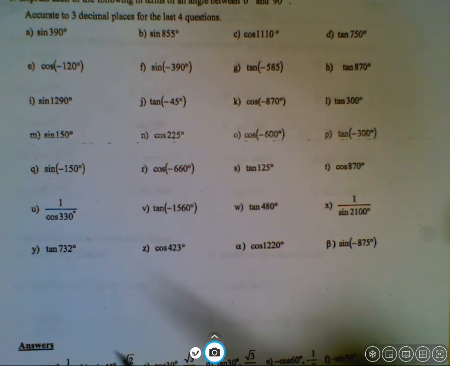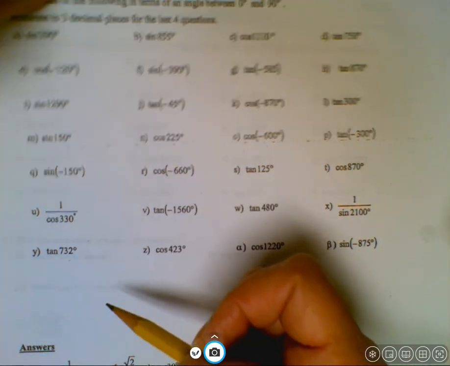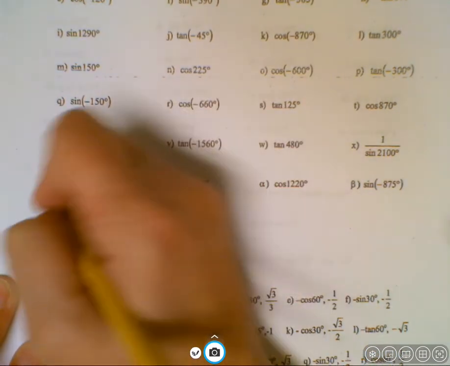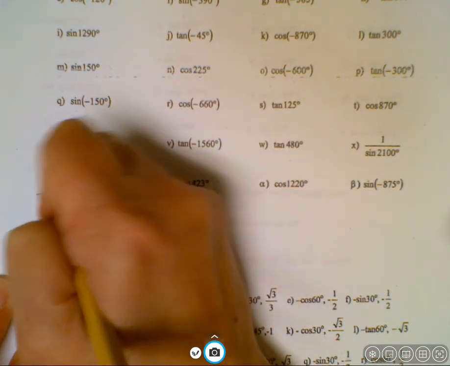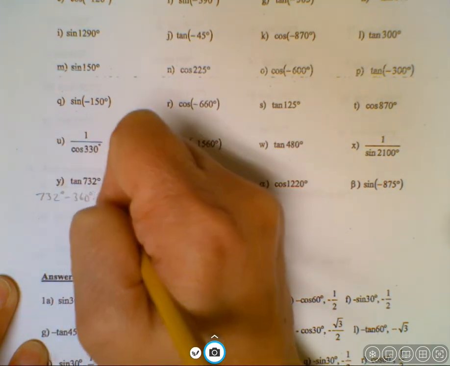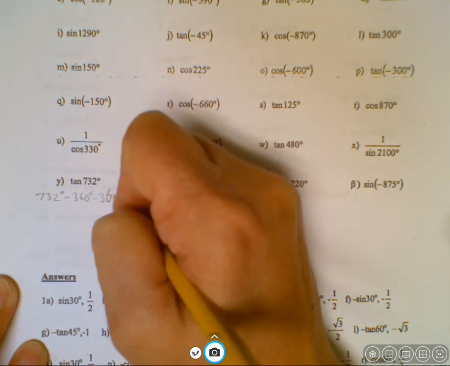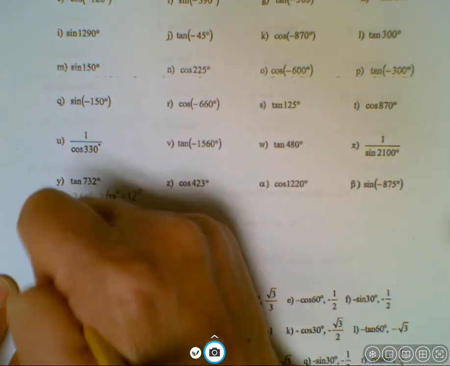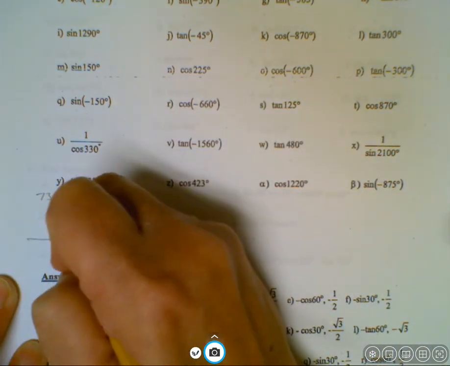So you can use a calculator. So I'm going to do this one, and I'll show you using the calculator, but the method is exactly the same. You have to find the coterminal angle. So you can take away some 360s. It looks like you can take away 2 of them. You end up with 12 degrees. Okay, draw 12 degrees. It's in quadrant 1.